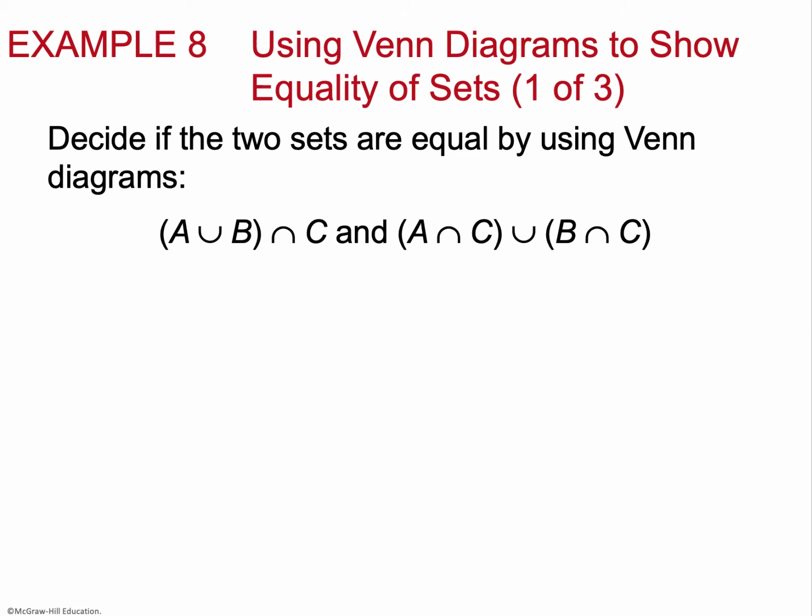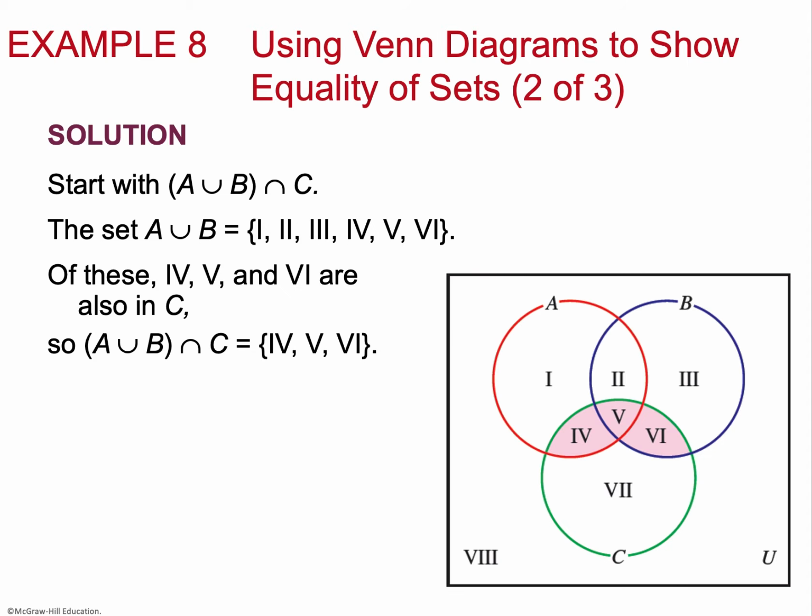If I want to use Venn diagrams to show the equality of these sets, whew, that's a lot of sets, then I'm going to have to break it down and say, okay, if it's in A overlapping with B, that would be found in those areas: 1, 2, 3, 4, 5, 6.